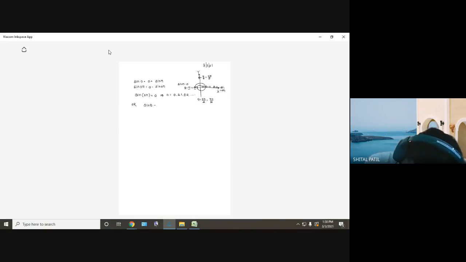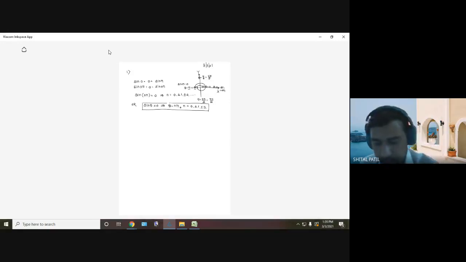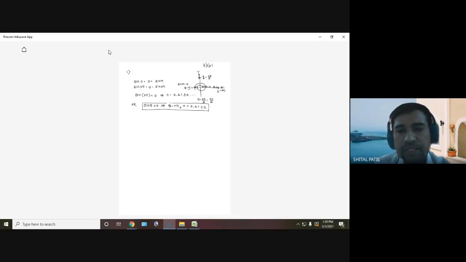Sine theta equal to 0 implies theta equal to n pi, where n is any integer, not only natural numbers: 0, plus minus 1, plus minus 2, and so on. Have you understood this result? At least write whatever is written in the box. Sin theta equal to 0 implies theta equal to n pi.